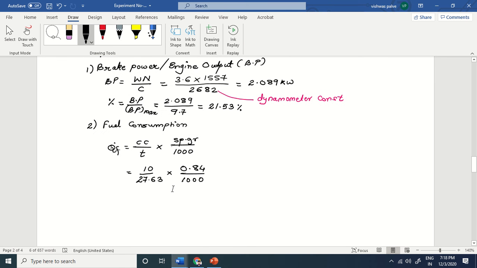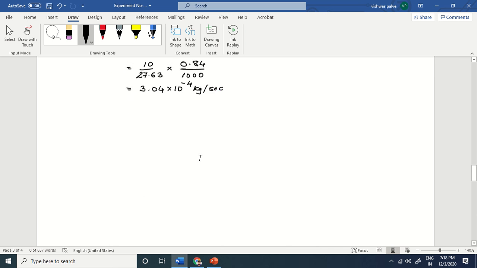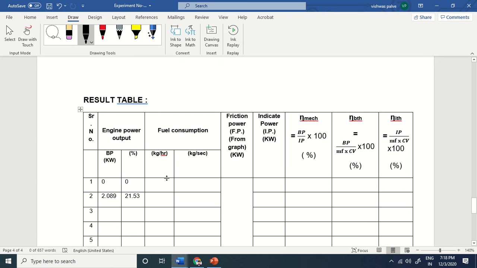So I have taken the same here. From this I can calculate the fuel consumption as 3.04 into 10 raised to minus 4 kg per second. So you will get this value, the fuel consumption, in kg per second.